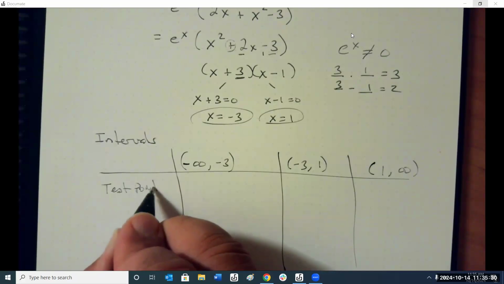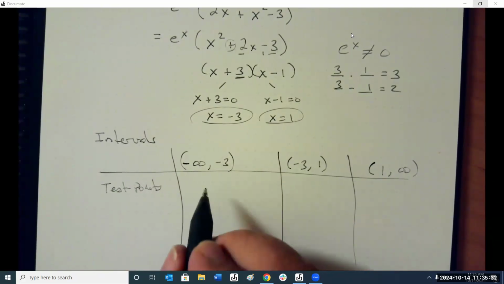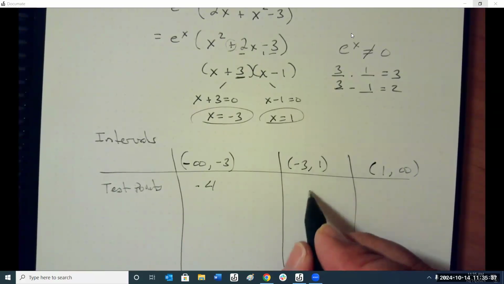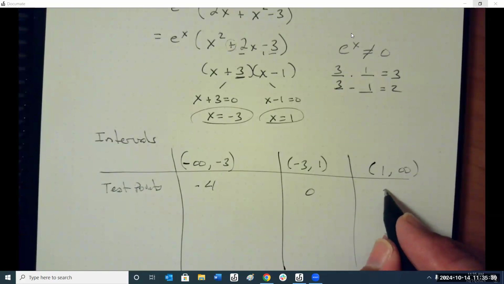Test points: take some values inside there. Let's say negative 4. Between negative 3 and 1 is 0. Between 1 and infinity is 2.